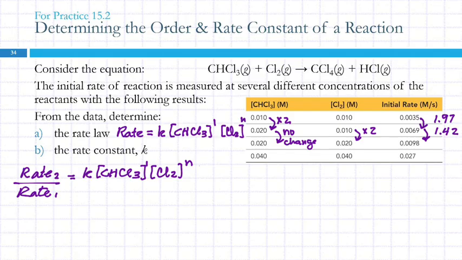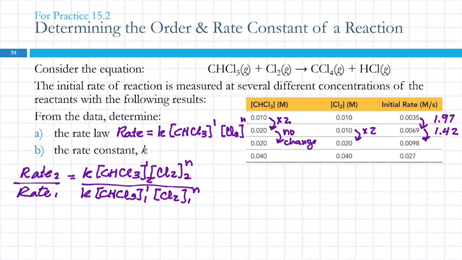So this is 2 and 2, and down here we're looking at concentration 1. Kind of looks like a mess, doesn't it?